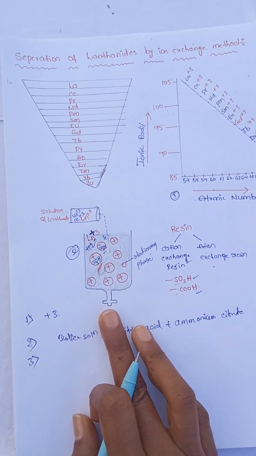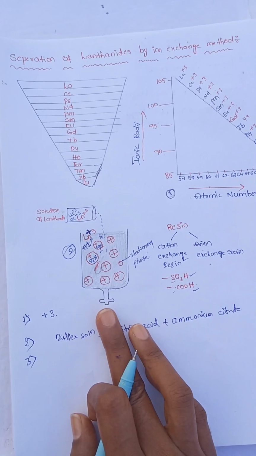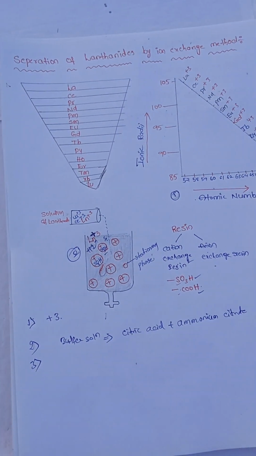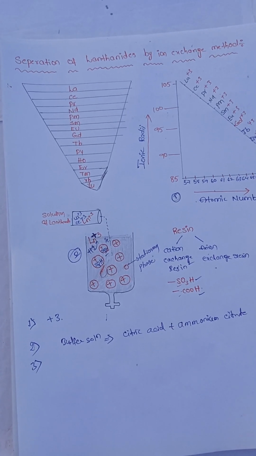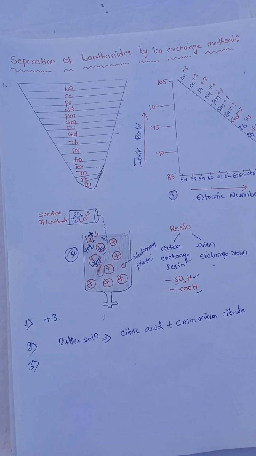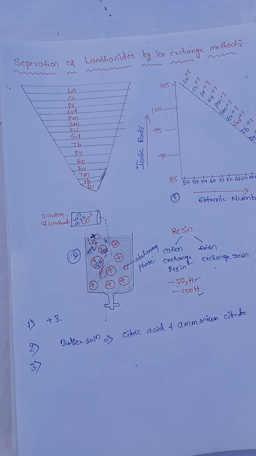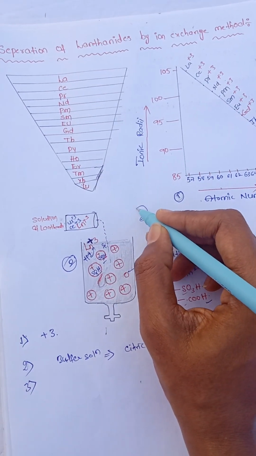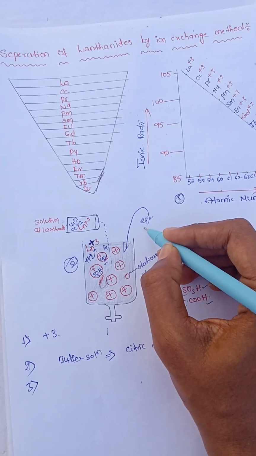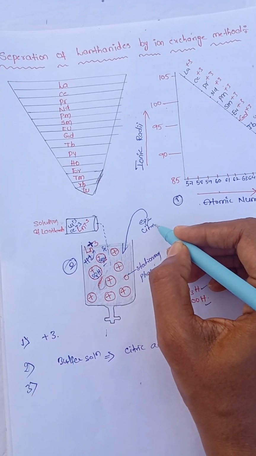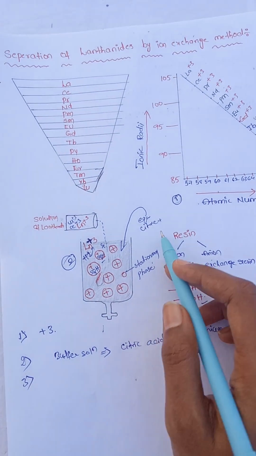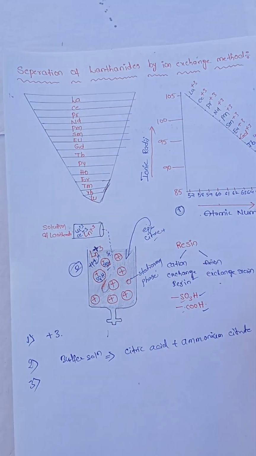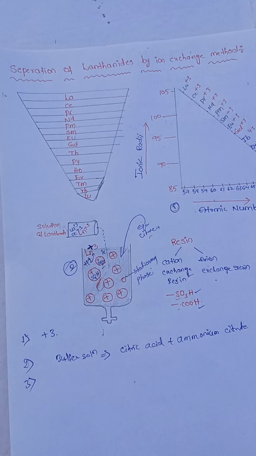So we take citric acid or ammonium citrate, the buffer solution, and pour it into the stationary phase.